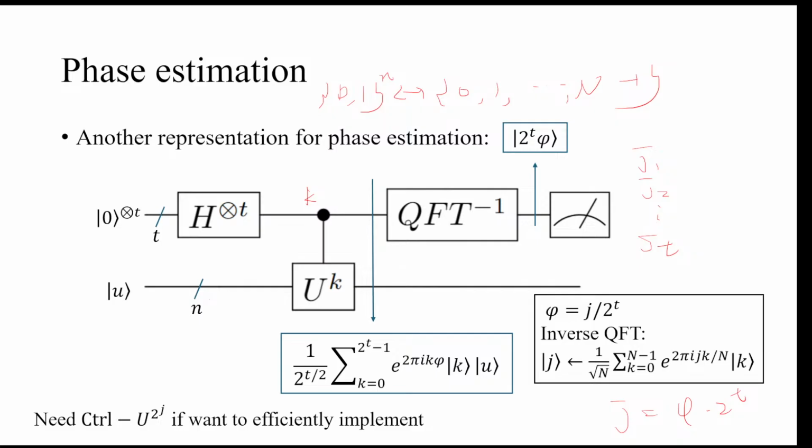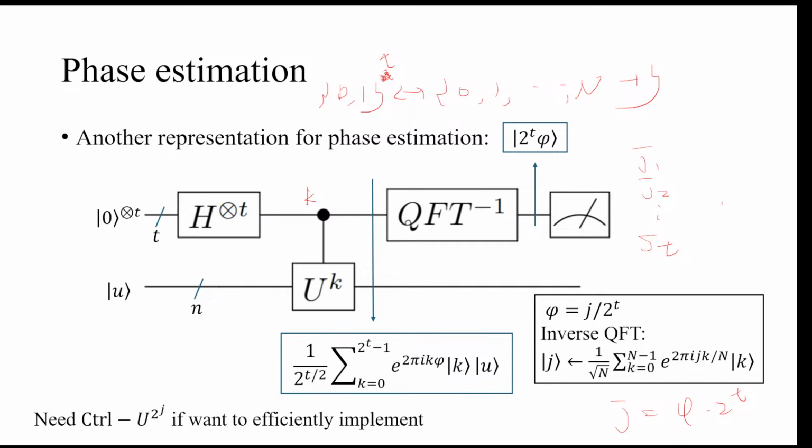The small n is 2 to the t, so 0 to n minus 1. In our computational basis notation, the Fourier transform sends j to the summation over k of e to the 2 pi i jk divided by n, and n is 2 to the t.